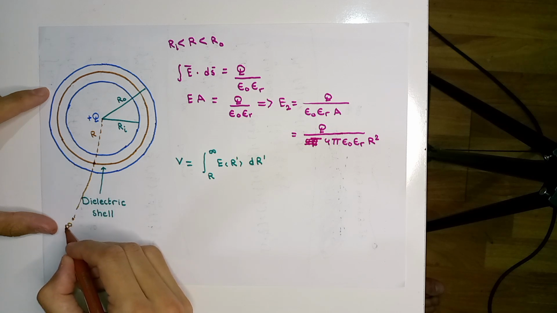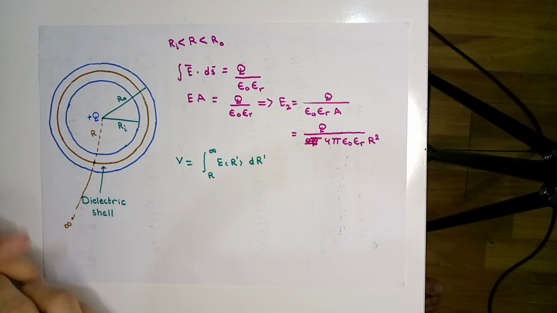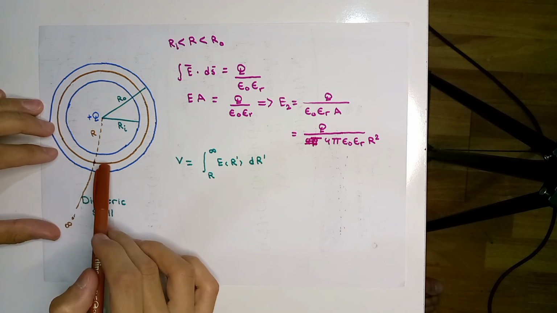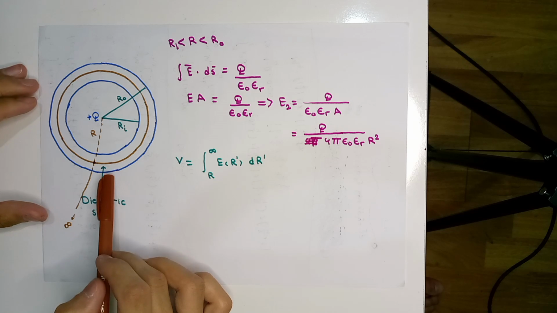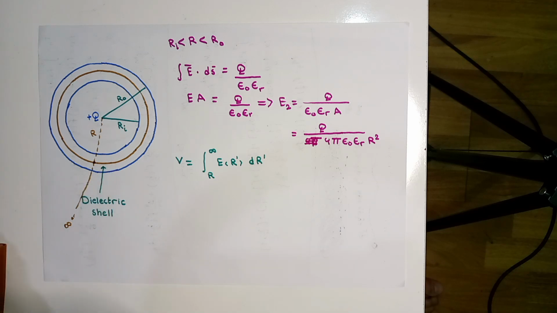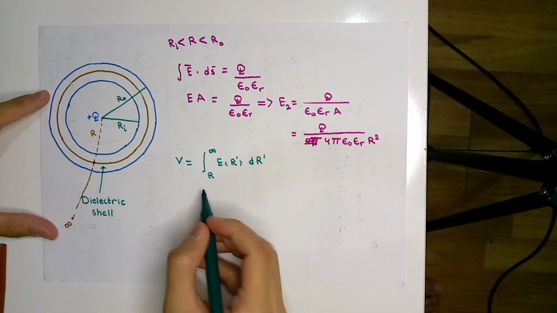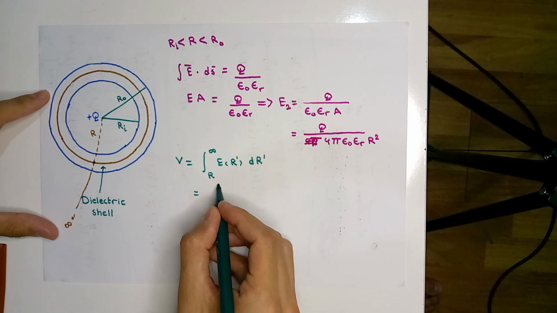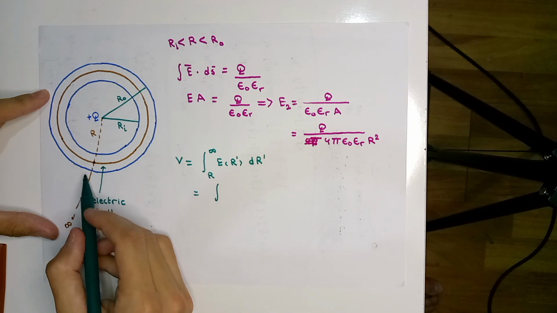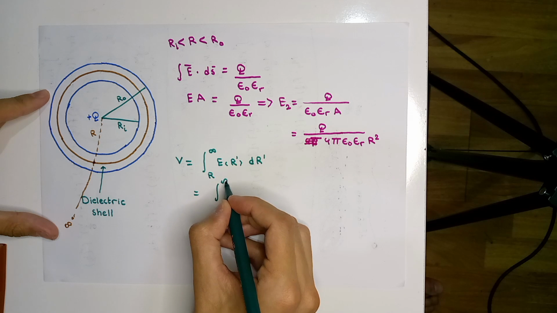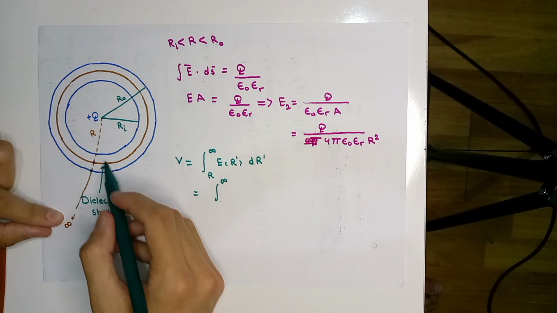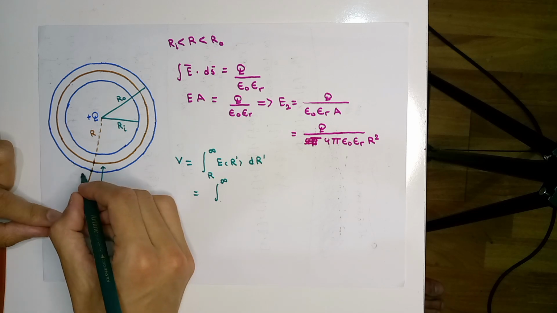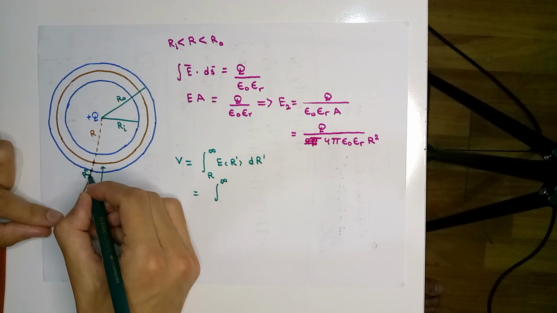As we see, the electric field is not the same in these two regions. We have a discontinuity in the electric field, so this integral must be split into a couple of integrals. The first integral is between infinity and the outer radius of the dielectric shell, r sub o.